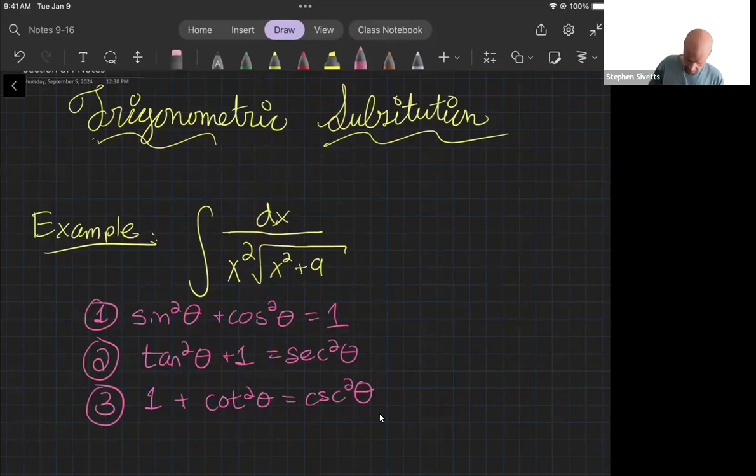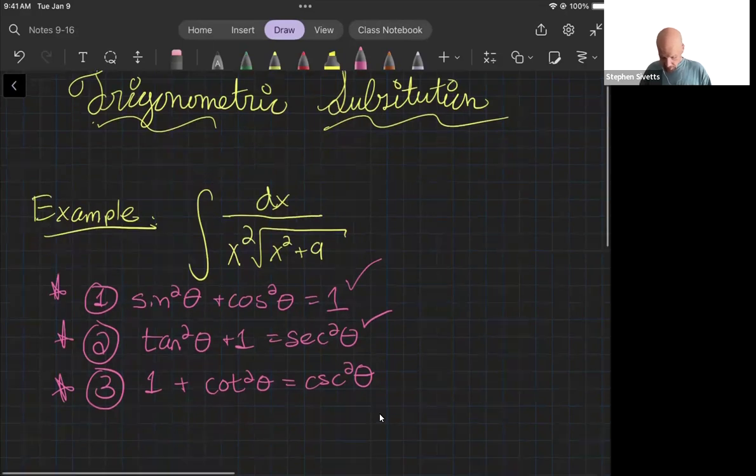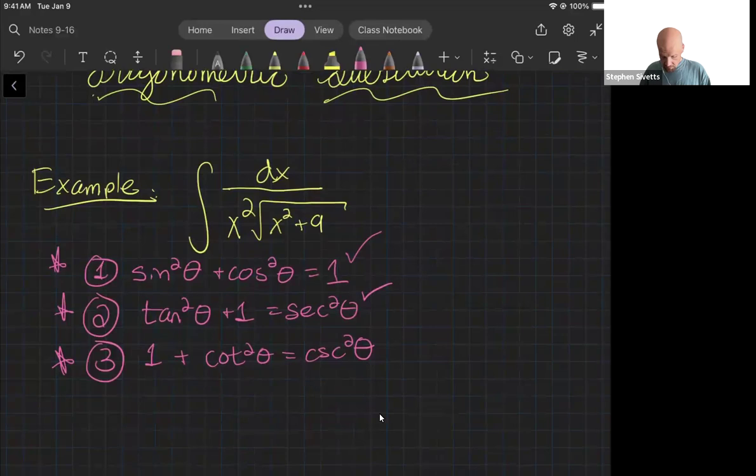In particular, we want to use three basic Pythagorean identities that we have seen in previous math courses, right? The first one is the one we all know and love: sine squared of theta plus cosine squared of theta is 1. The second one is if we divide the first Pythagorean identity by cosine squared theta. That will give us tangent squared of theta plus 1 is equal to secant squared theta.